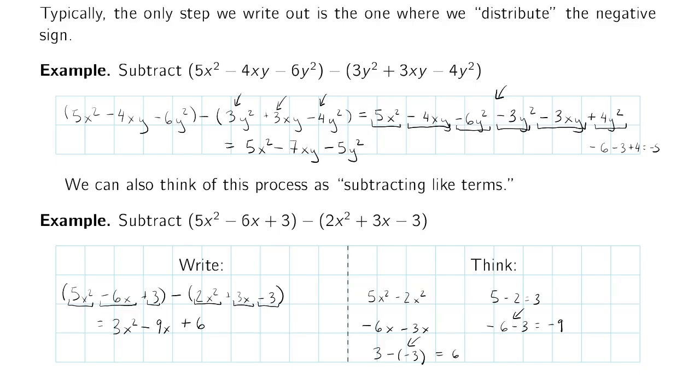I would say that for something relatively simple like this, where I have a relatively small number of terms, I would be comfortable doing it this way. If I had a larger number of terms or more complicated things to keep track of, I would be more likely to write it this way.